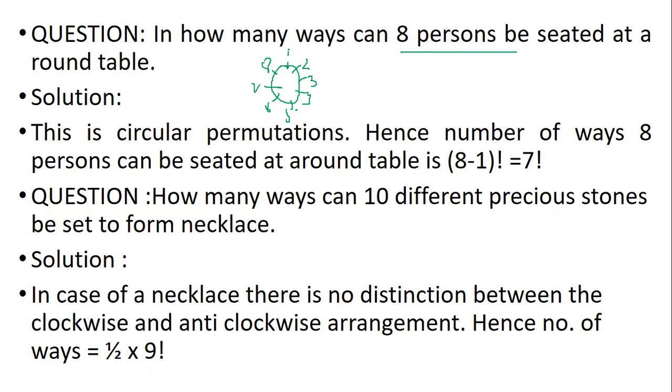Now what we will do is, we will first fix one person. So if this one person is fixed, how many more people are left for me to arrange? Let's take another example. I am going to take 8 people.